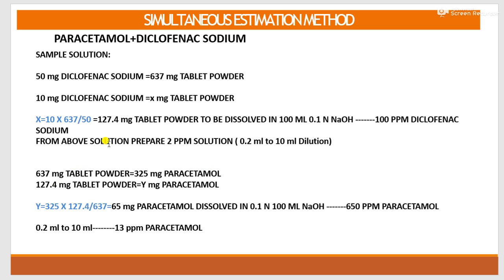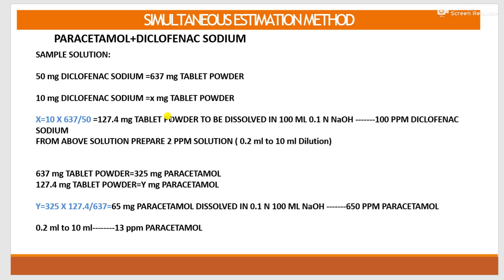So we weighed 127.4 milligram of tablet powder. It contains how much paracetamol? So Y is 325 into 127.4 divided by 637, which comes to 65 milligram of paracetamol.